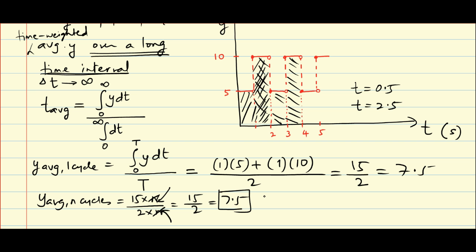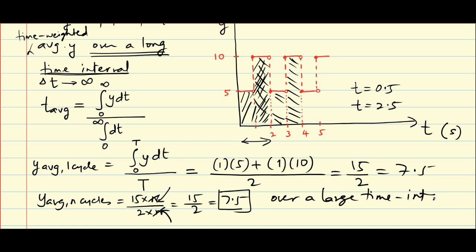So you know that when you increase n, you're essentially increasing the number of cycles, and each cycle is of 2 seconds. So when you allow n to increase very much, you have calculated the time weighted average over a large time interval, right?